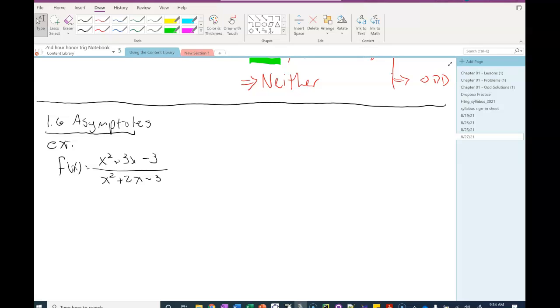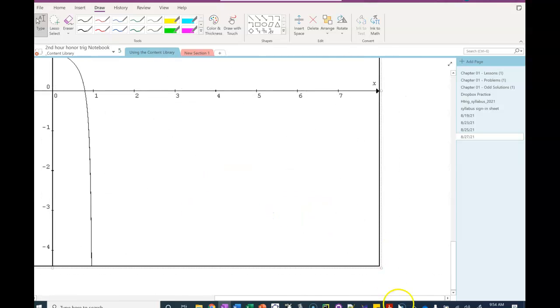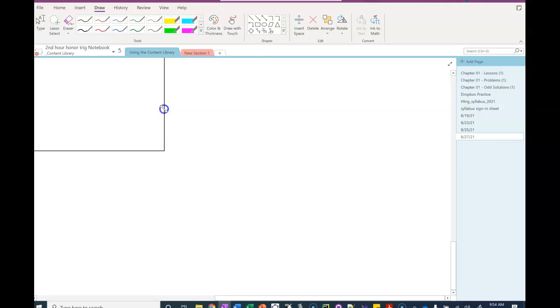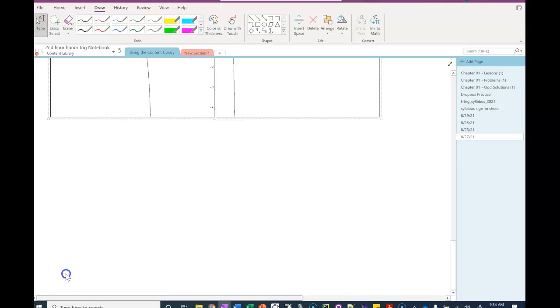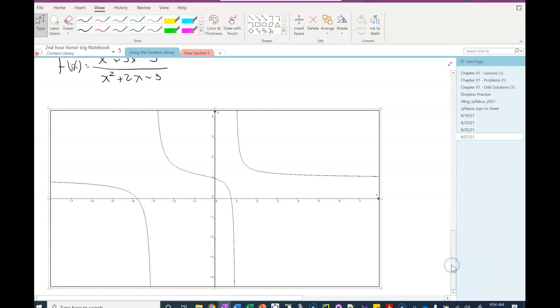Just FYI, that's what I'm doing right here for just a second while I get it ready. If you're interested, this is a free program that I'm using called Graphmatica. If you Google that, they have a free version that you can download and use. It works quite well from your computer. If you're ever like, oh no, I don't have my graphing calculator, but I have my computer, what can I do?